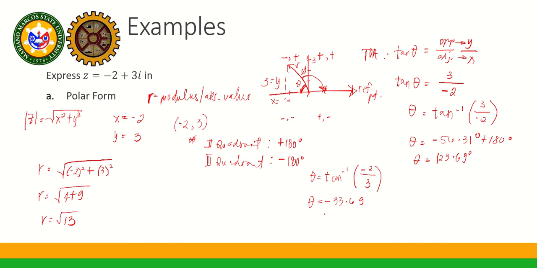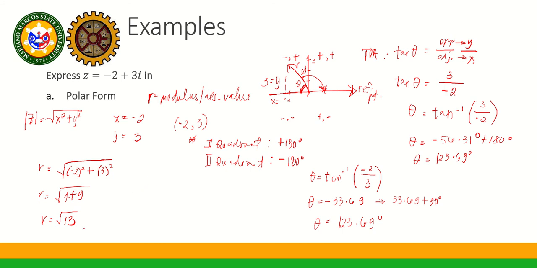Disregarding the sign, this will be equal to 33.69 plus 90 degrees. Our angle would be 123.69 degrees, which is the same as our computation dito. So you can use either, okay? Basta make sure na tama yung mga ginagawa ninyo. So now let's write si angle natin.